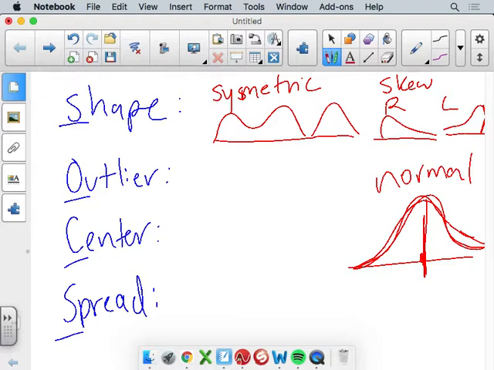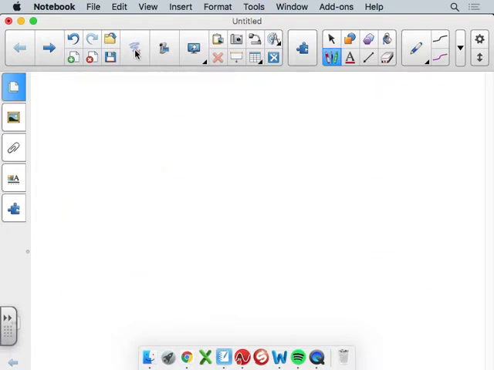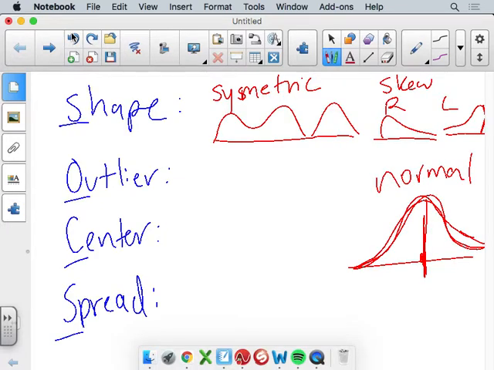So that was one. So for shape, what's going on? Or if there's clusters, like there's a group here and then a big group here, just describe what this thing looks like. So that's shape.